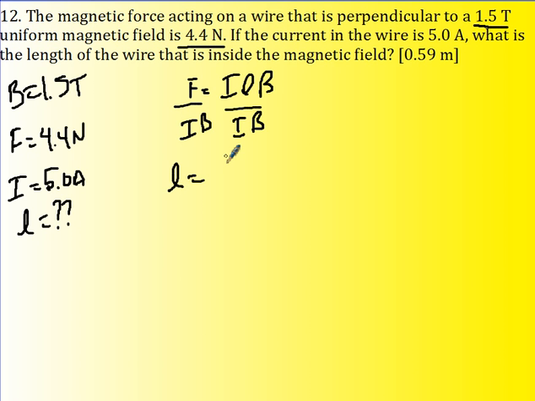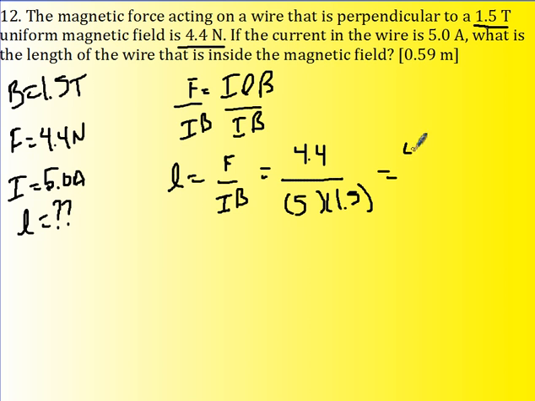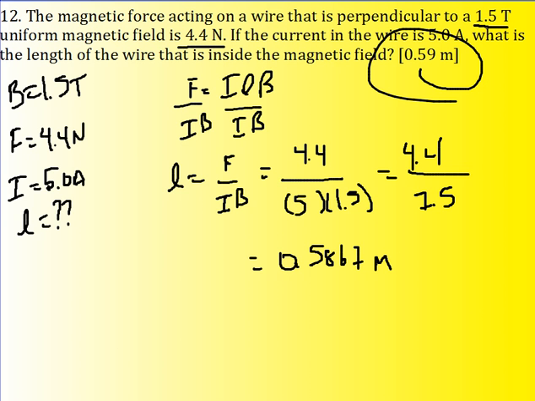So L is F divided by IB. The force is 4.4 newtons, I is 5 amps, and B is 1.5 Teslas. 5 times 1.5 is 7.5. Now 4.4 divided by 7.5 gives you 0.586667 meters. That's close enough to 0.59 meters.